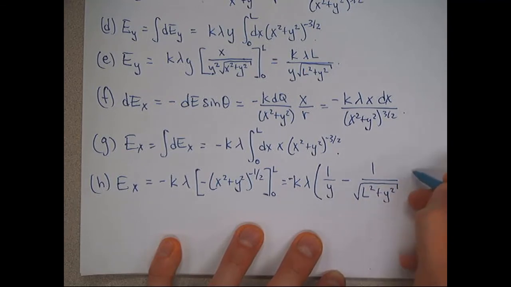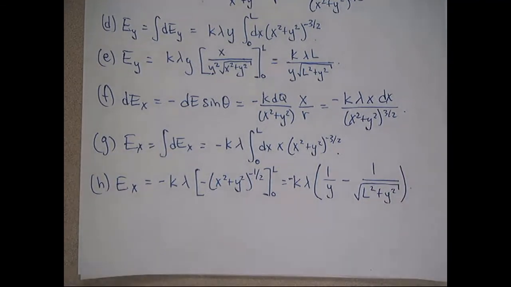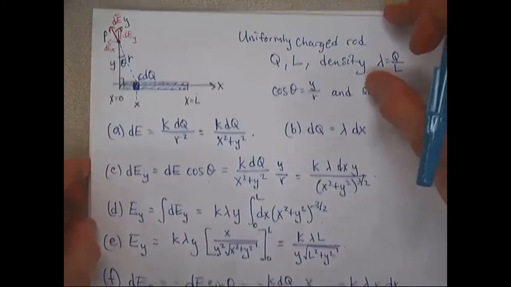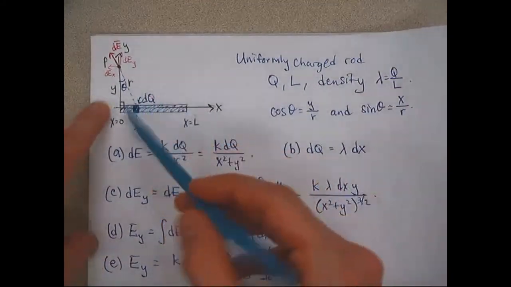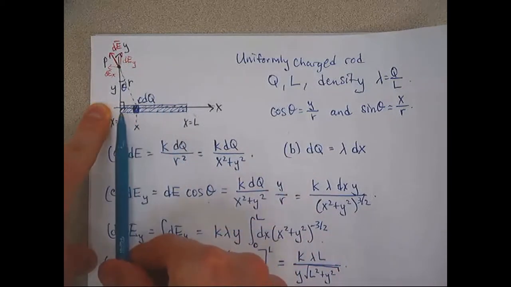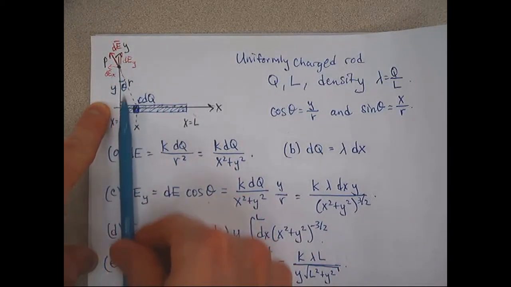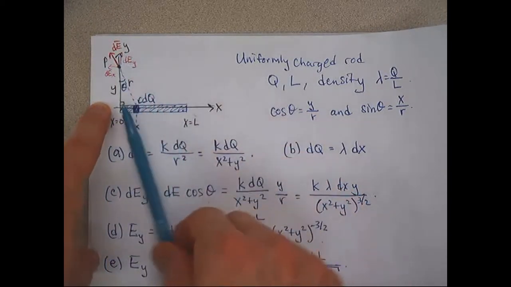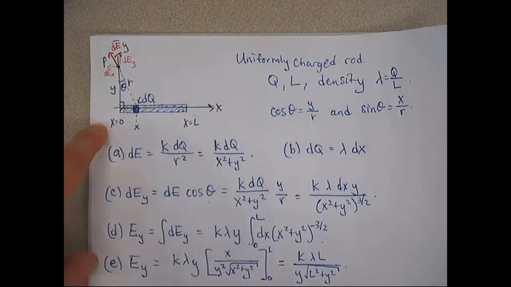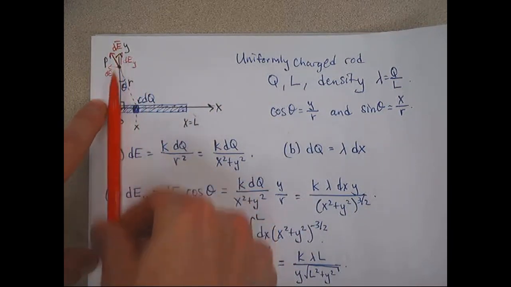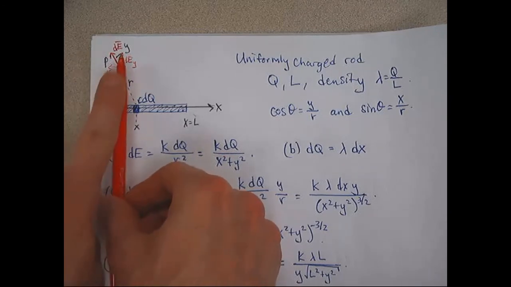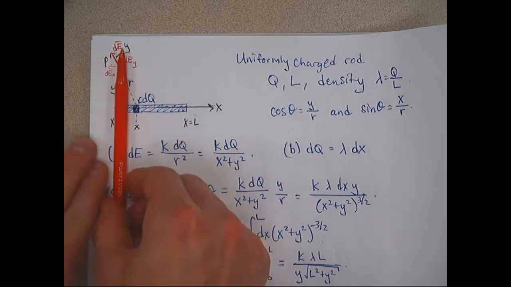This problem gives you a perspective into the two-dimensional nature of the electric field now when we ask off the axis of the endpoint here, what is the total electric field. You can see as you start, if you start at the left end of the rod, the dq would create a dE that points purely up.